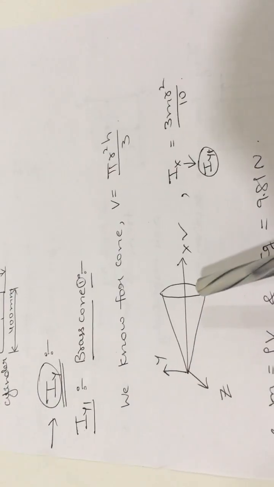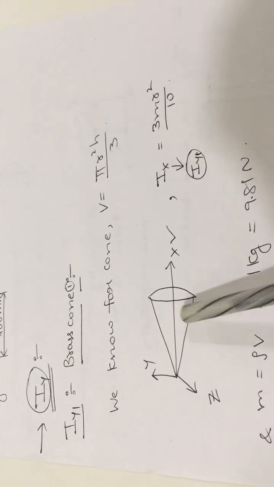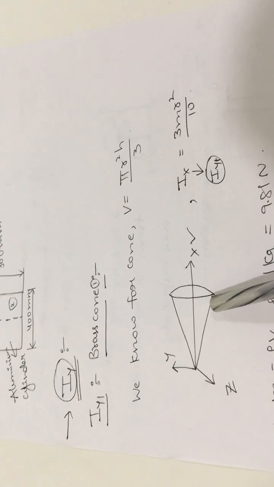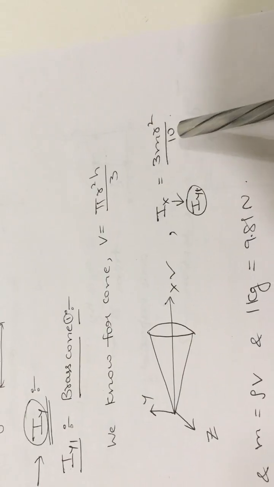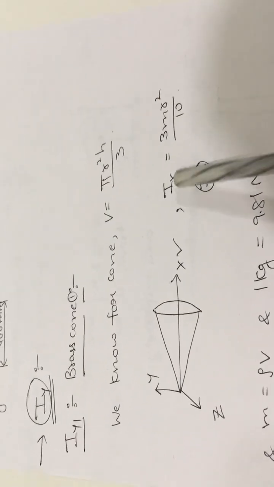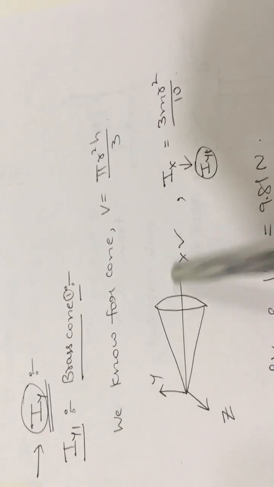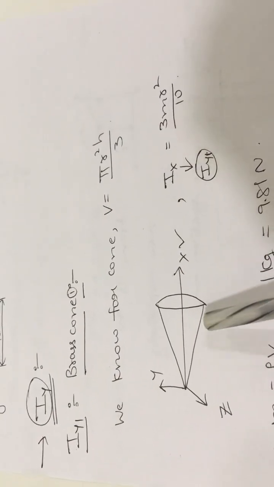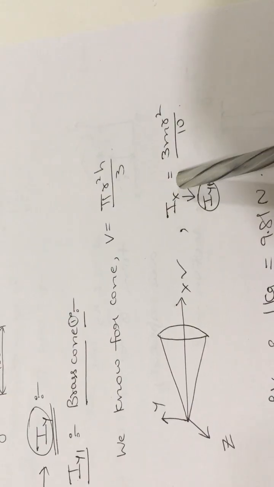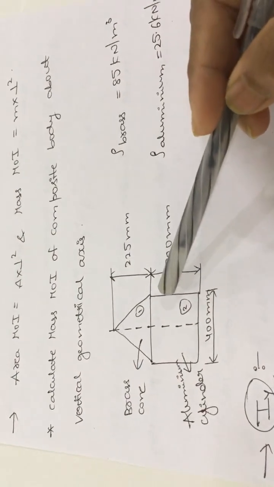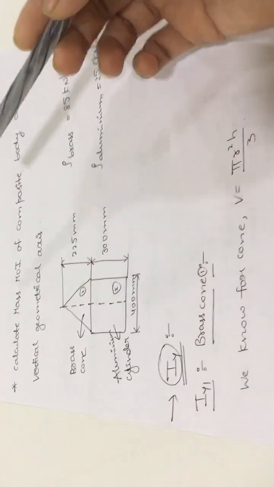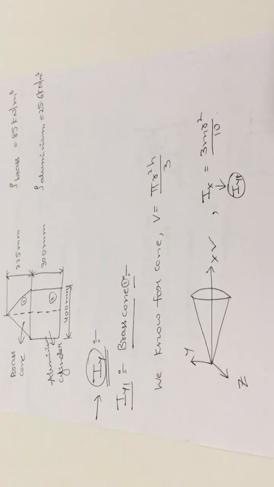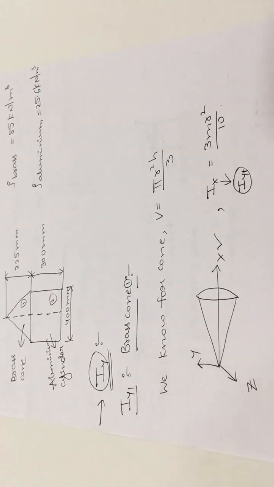Here this is the default shape diagram for the cone, and for this default shape, 3m r square by 10 is the formula for Ix, along this x-axis. Now observe our main problem given in the question. This is the cone in the vertical direction, so the position of the diagram in our problem is changed, and the formula will change according to the position.